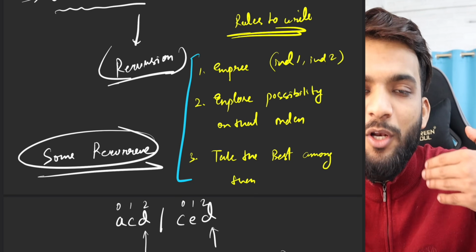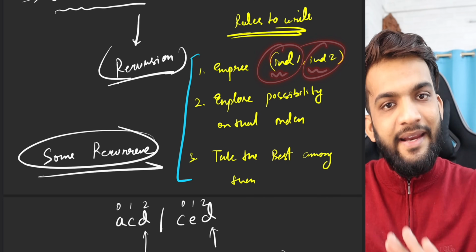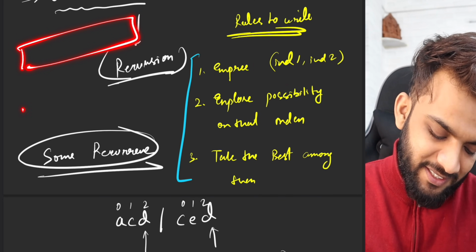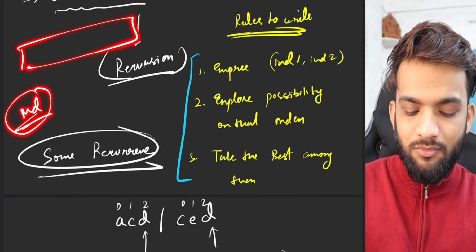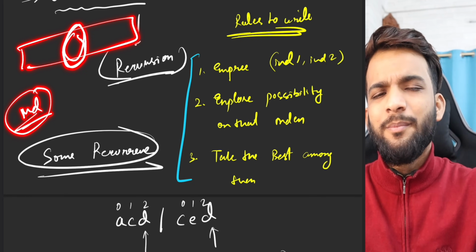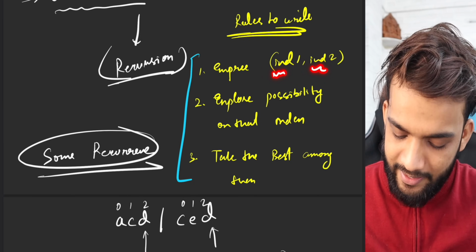Since you're dealing with a couple of strings, you express them in terms of index 1 and index 2. Very simple. Like in all the array problems, you expressed everything in terms of an index, and then you decided to pick or not pick. Over here, we will have index 1 and index 2.